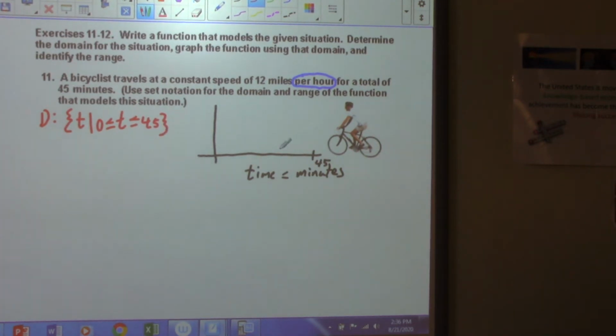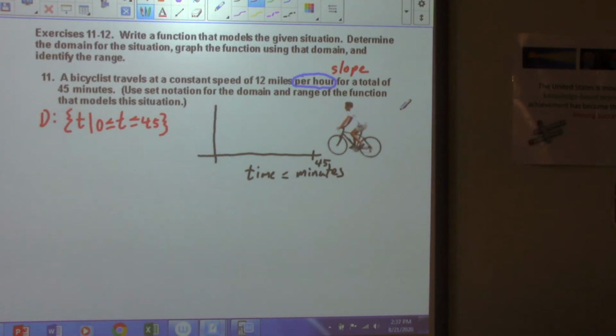And do we have a function yet to model the situation? Not yet. Well, let's work on that. By the way, 12 miles per hour. When we see something per, what this means is that this is a rate of change or a slope. That's what 12 is.